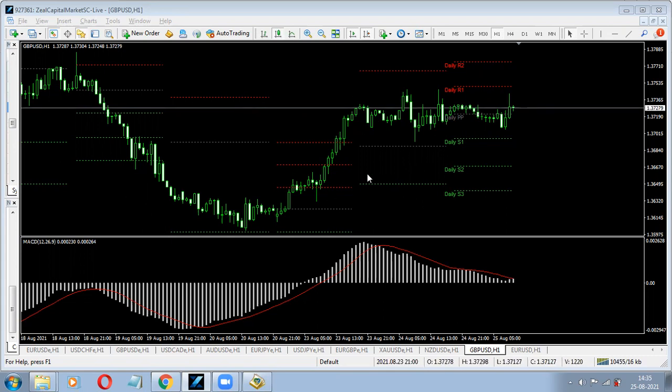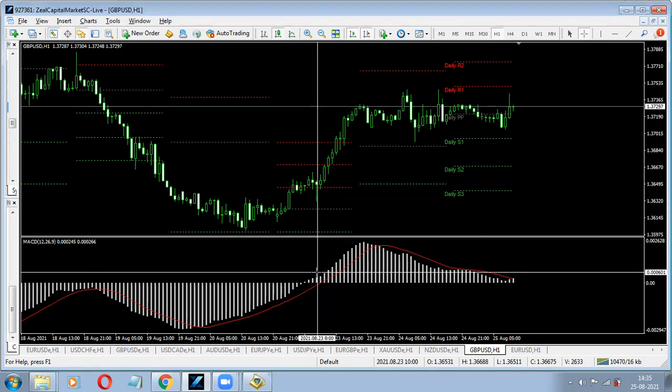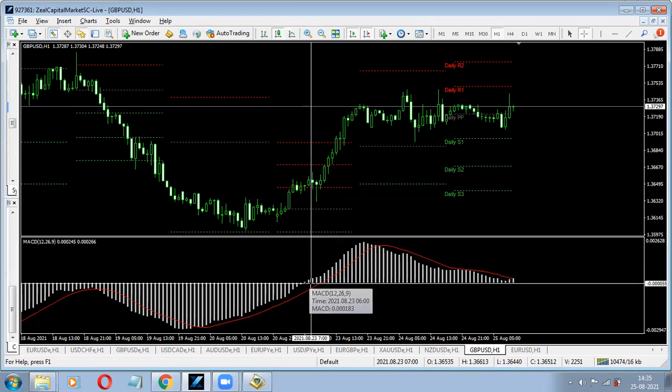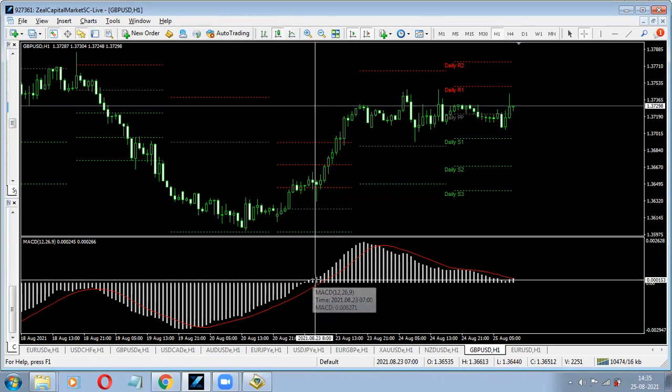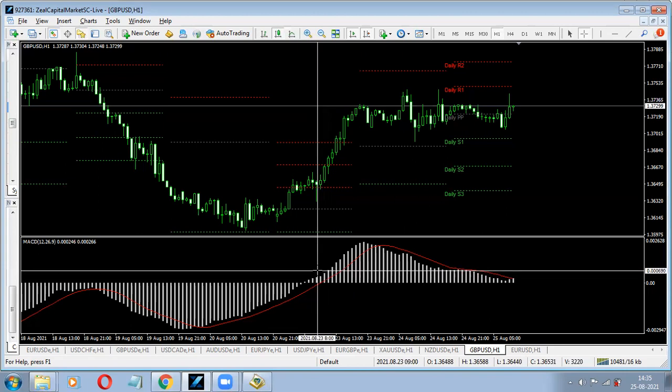So what I mean by additional tool is that, let's say, this is the chart of GBP USD and the MACD by default here. So what happens normally? This is the red line, and these lines went above the 0 point. So normally you buy. That is the basic rule of the MACD.